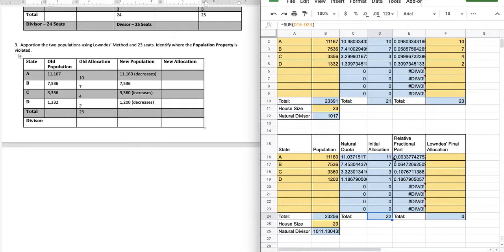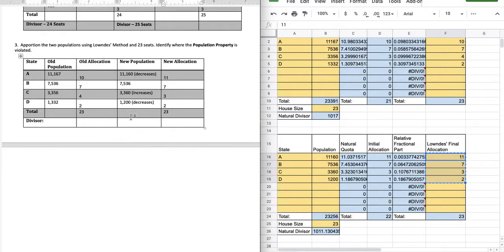I'm going to look for the largest relative fractional part, so 0.18, 0.10, 0.06, 0.00, that 0.18, still the largest. So that goes up to 2. All the others stay the same. So we have 11,732. We have our total of 23.